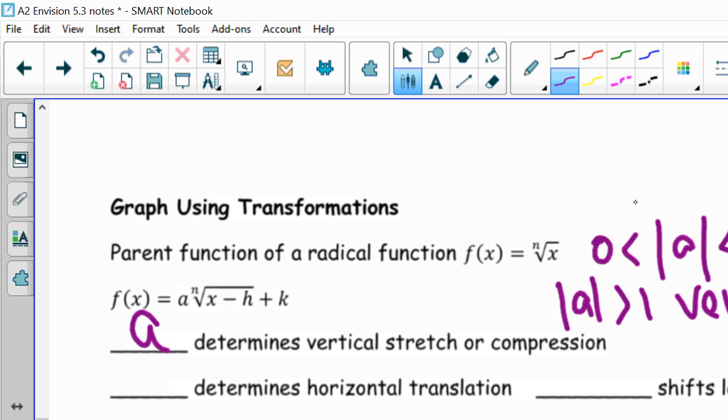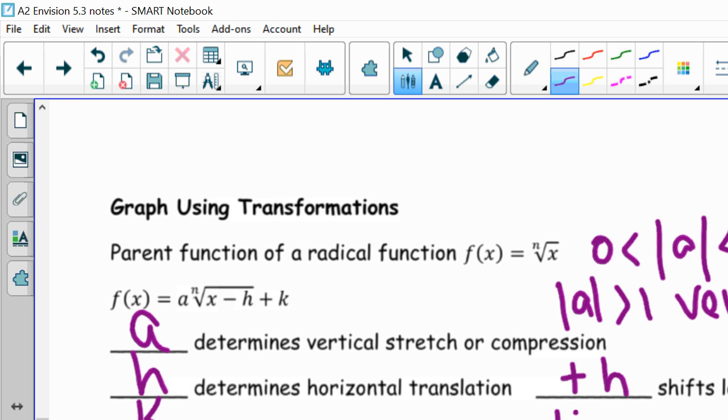Right, that h value, again, determines horizontal translations. That moves it left or right. A plus h shifts left. A minus h shifts right. So remember, those are just always the opposite. That k determines the vertical translation, up or down.